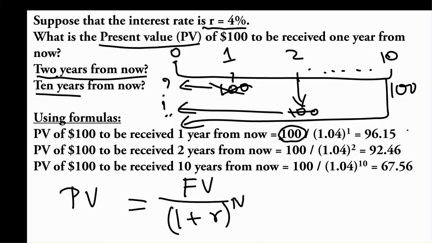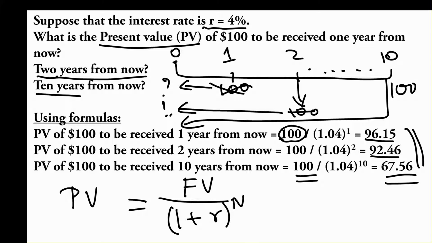As you can see from these numbers, the further out in time you receive the cash flow, the less its value today. If you receive $100 10 years from now, it's only worth $67 today. If you receive it 2 years from now, it's worth $92. If you receive it a year from now, it's worth a little over $96.